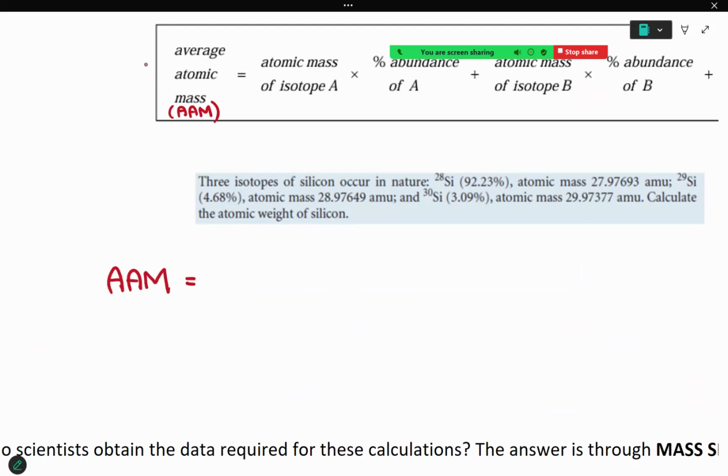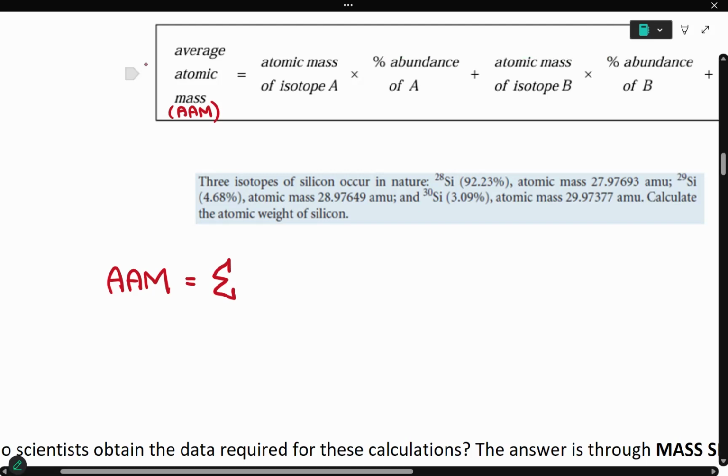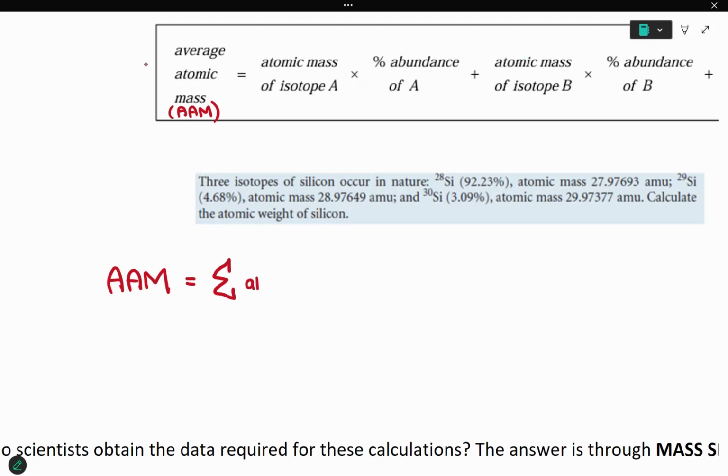AAM is equal to the sum, so that's the sum symbol, of the atomic mass multiplied by its percent abundance. And this is for each isotope.